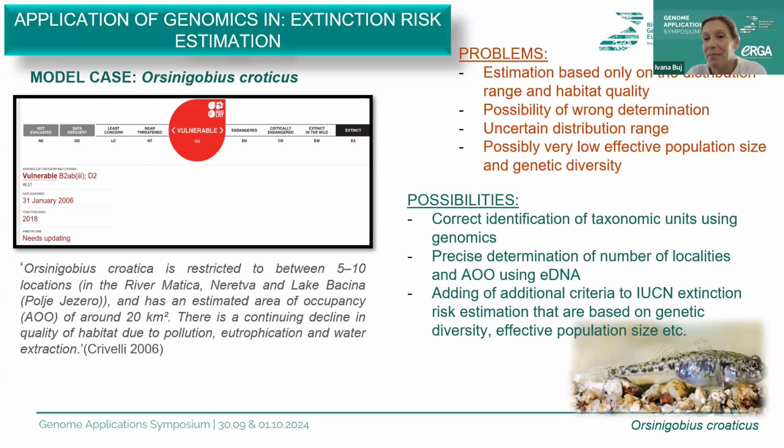But my opinion, and it has been my opinion for some time now, is that in addition to these 5 criteria that are the basis of the extinction risk estimation under IUCN, I would really like to see in maybe recent years the addition of 1 or 2 more that are based solely on some important genetic variables that do determine extinction of the species. Maybe I'm dreaming, but I think that would be very useful.